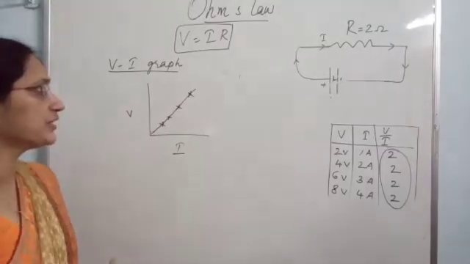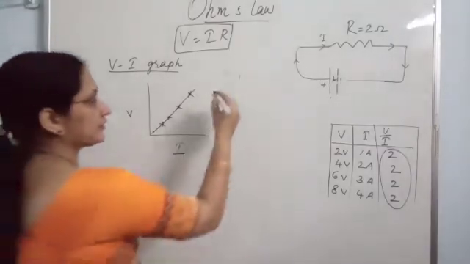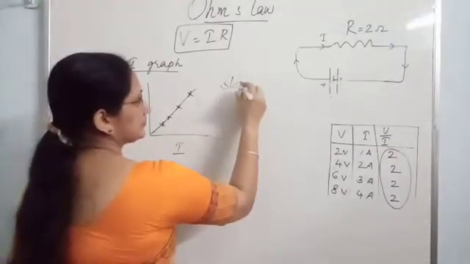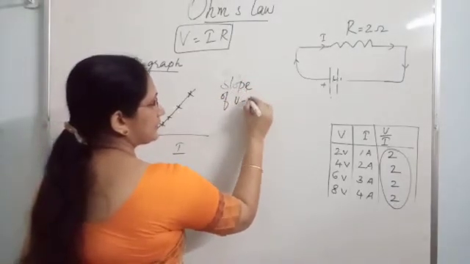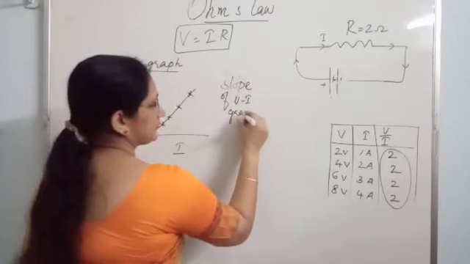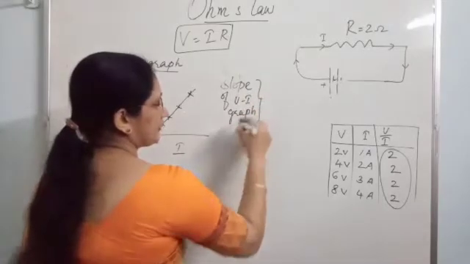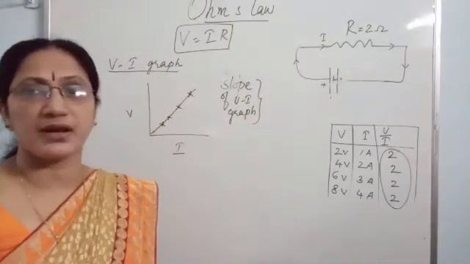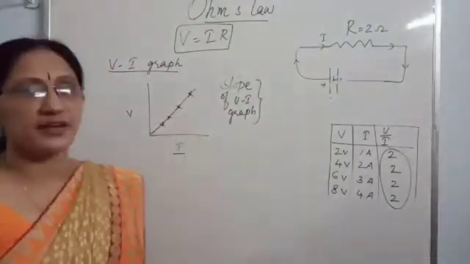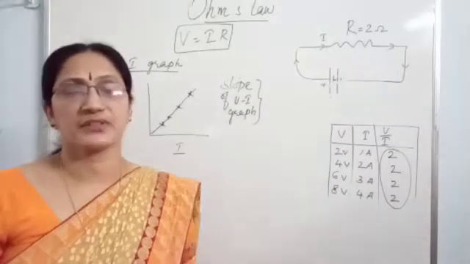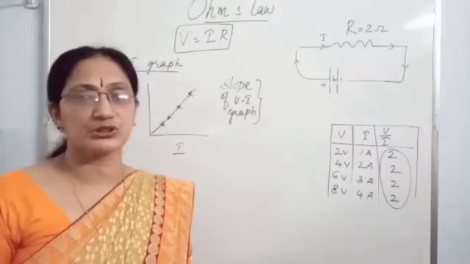Then you have to find out the slope of this VI graph. How to find out slope of a line you have studied in 9th class. I will just briefly explain the easiest method. There are many methods to find out the slope of a line.